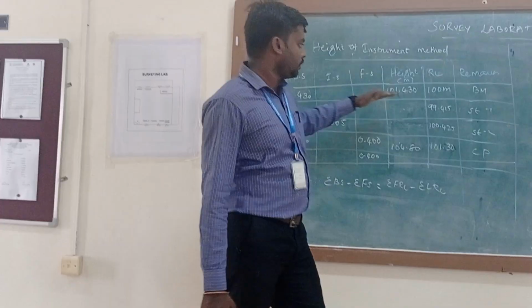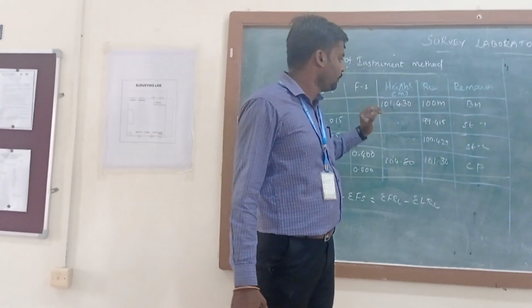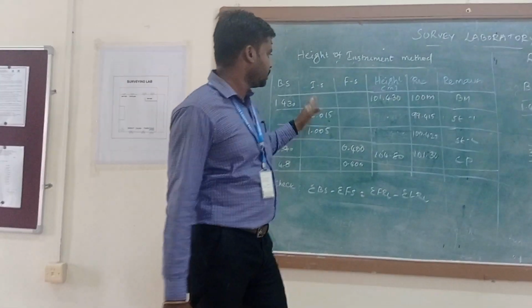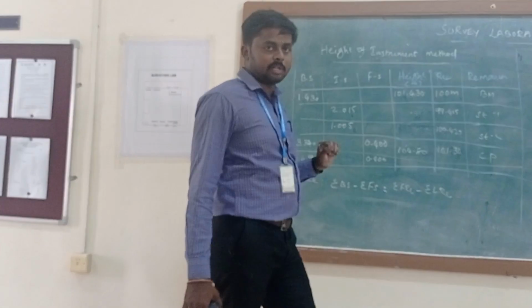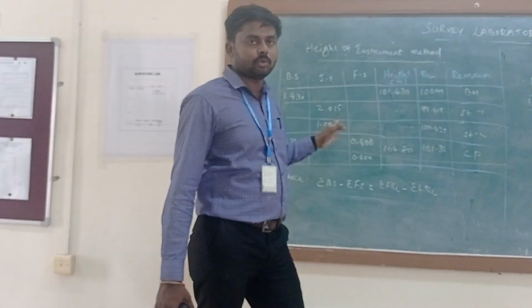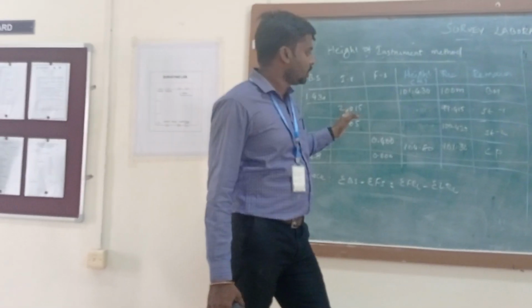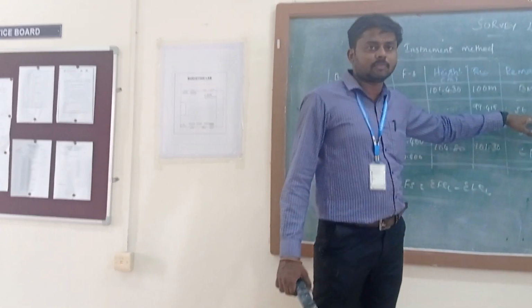So we have calculated 101.430. The next point is the intermediate side. Here, 101.430 minus 2.015. If you subtract, you will get the reading of this station, the height of the station.